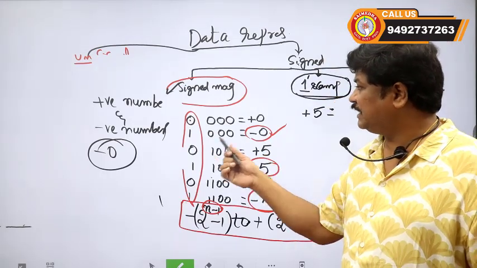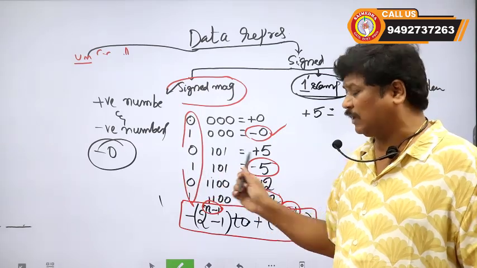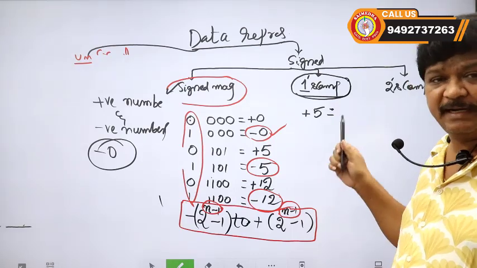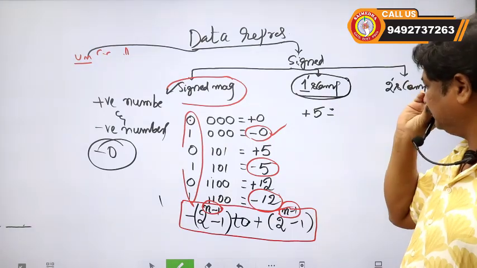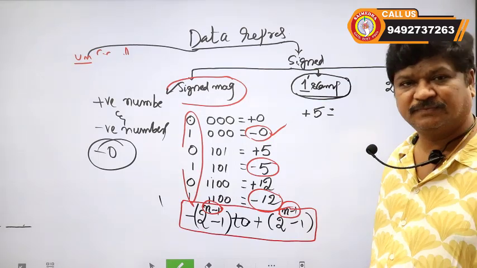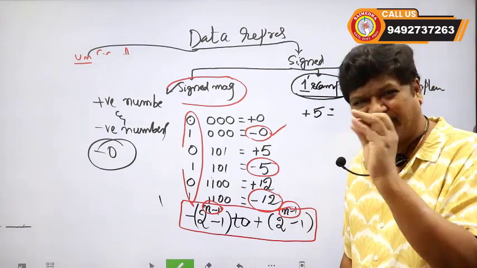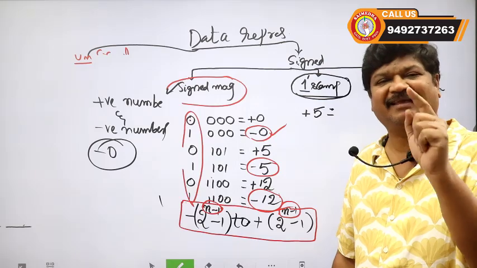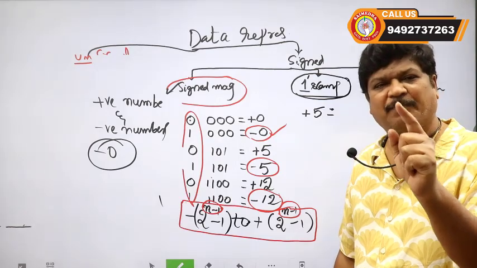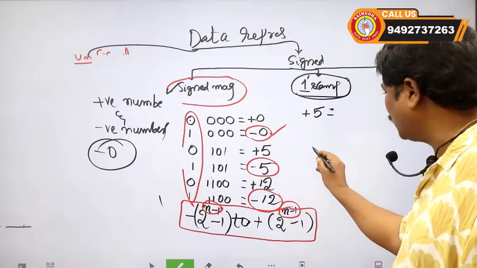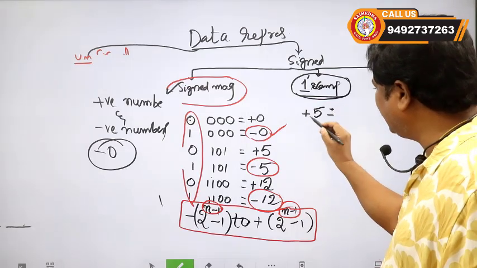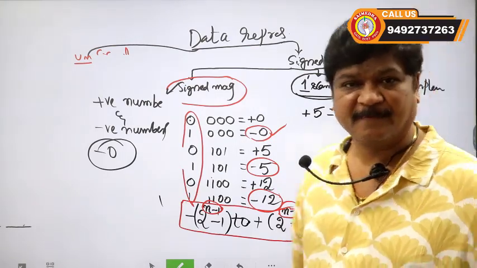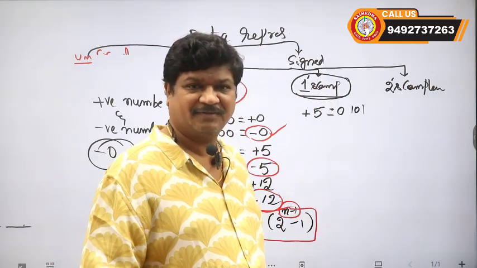Already we wrote plus 5 in the signed magnitude representation as 0, 1, 0, 1. I am talking about the ones complement data representation. How to write it? The magnitude is complemented only for negative numbers; for positive numbers nothing changes. If you want to write plus 5 here, you write it as it is, 0, 1, 0, 1 only. Got the point?